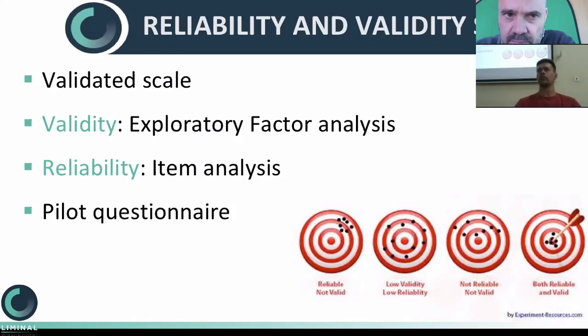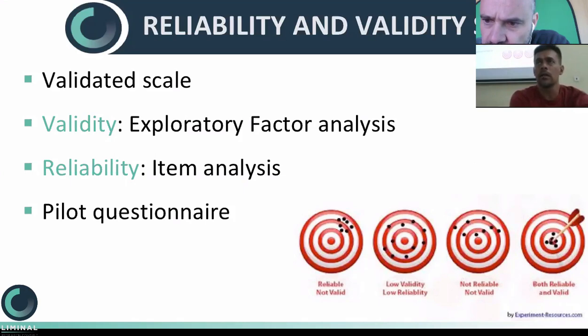I can see we have 4 different scenarios, and the best is to look at valid and reliable conditions. And then validity, explain the use of exploratory factor analysis. But what about the reliability? How do you identify or know that this is reliable?